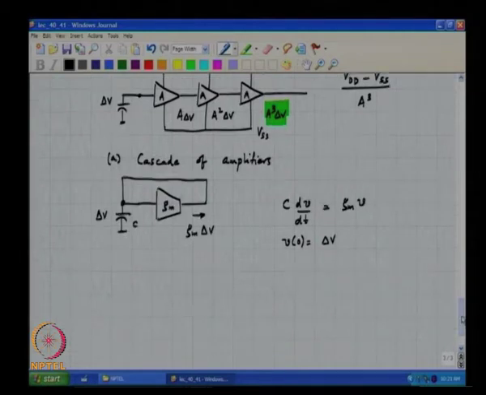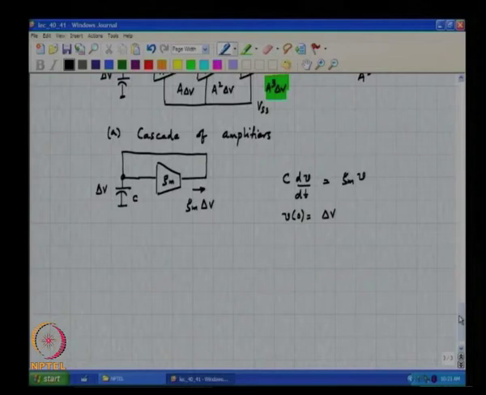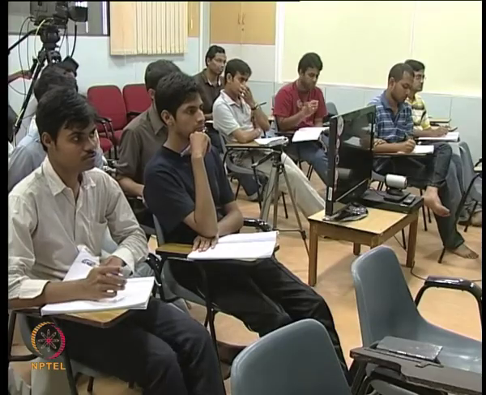So, this is a first order differential equation, right, or if you think of this as a system, it is a single pole system, and where is the pole located? Gm by C, but where in the Laplace plane is this? It is in the right half plane. So, this is actually an unstable system, correct.